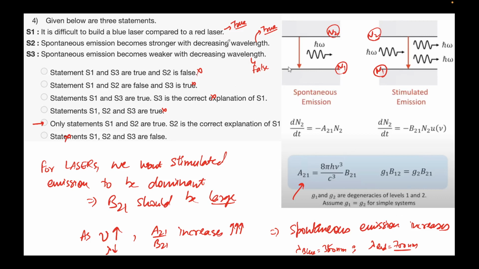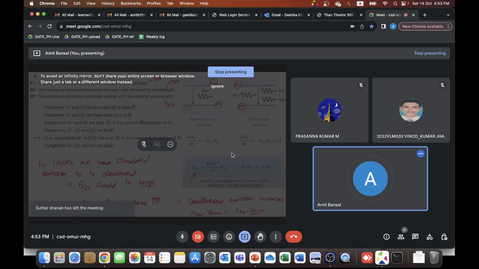So that makes option 2 correct, and that in turn makes it, because red laser has higher wavelength, so it has higher spontaneous. So sorry, blue laser has, one second. Yeah, so blue laser has lower wavelength, or a higher frequency, and thus due to this cubic effect, it's much more difficult to fabricate a blue laser.